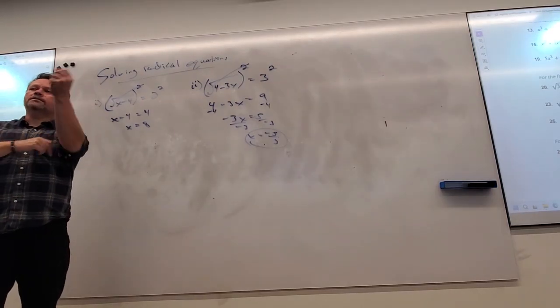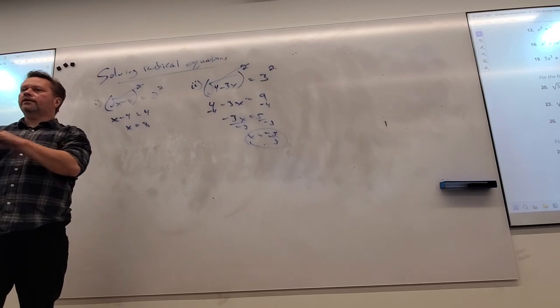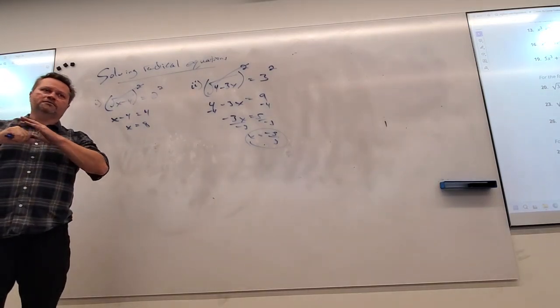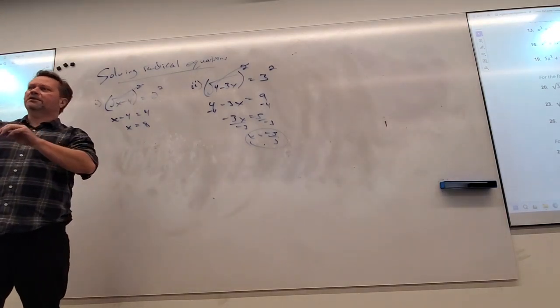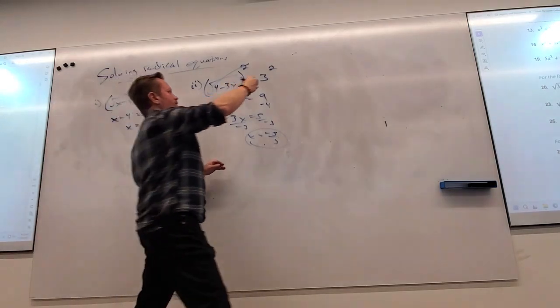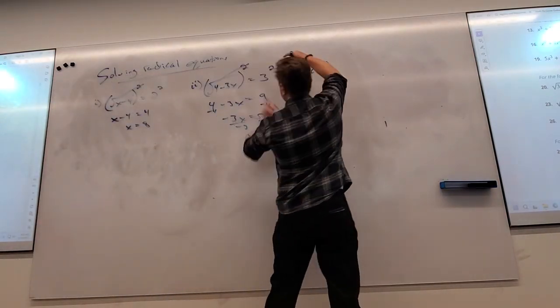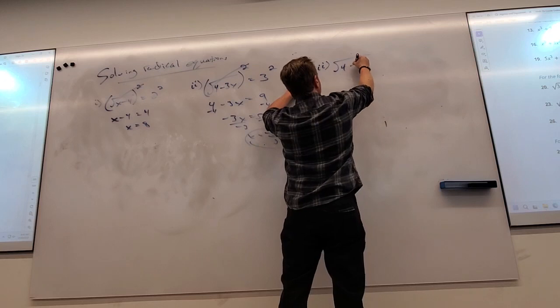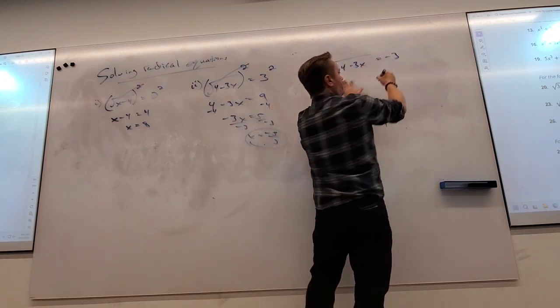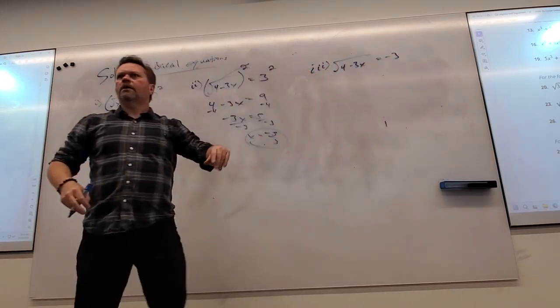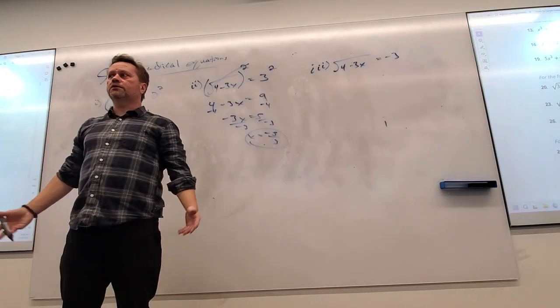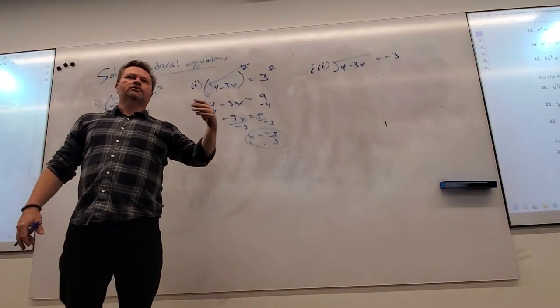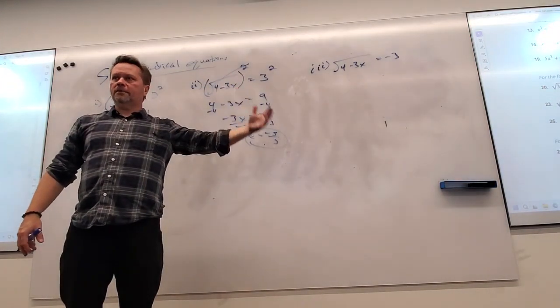So very quickly, could somebody give me a very simple equation with a radical in it that has no solution? Based on what I just said a minute ago. Negative 3. Yeah, if I just take the same equation and I set it equal to -3, why will that not have a solution? Because like you just told me a minute ago, square roots always come out positive.